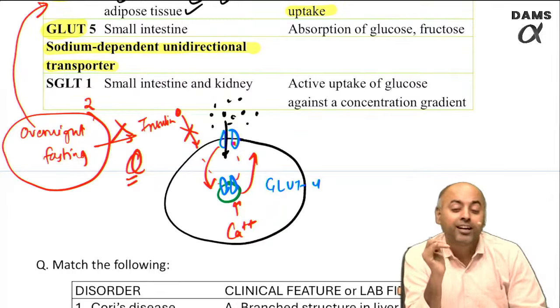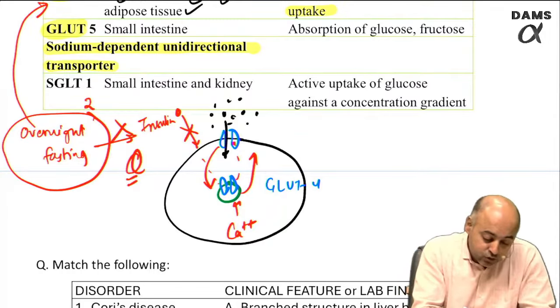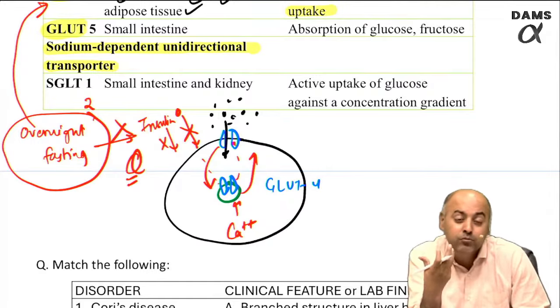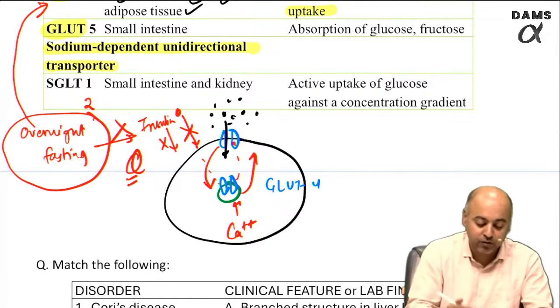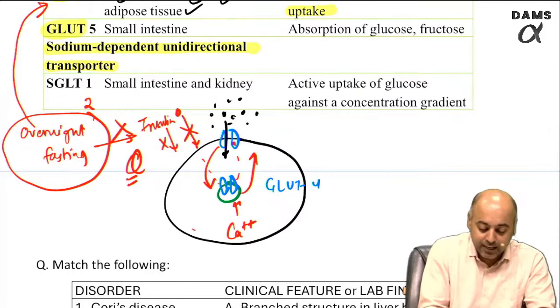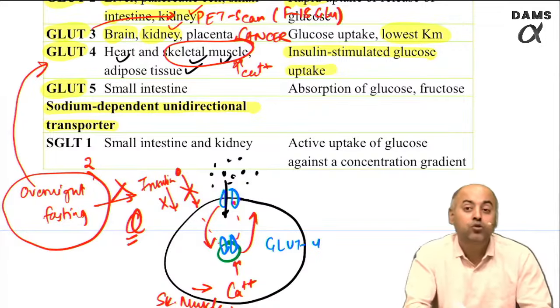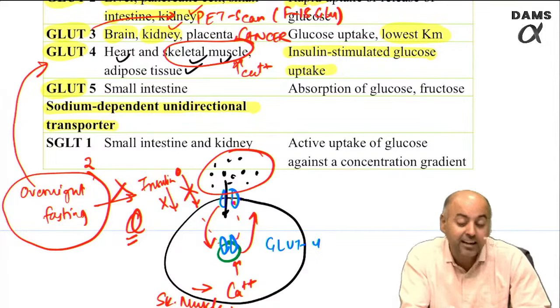Also note, the vesicles can be mobilized by calcium as well. Therefore, for type 2 DM patients where the insulin stimulus is not provided due to the insulin resistance, we tell them to do vigorous physical activity. When they do the physical activity, the calcium will be released in the skeletal muscle, and this GLUT4 is present in the skeletal muscle. By the action of calcium, the GLUT4 will be mobilized to the surface. It can start taking up the glucose.